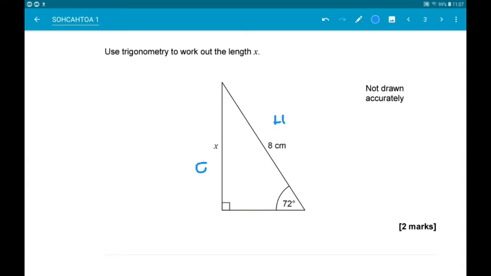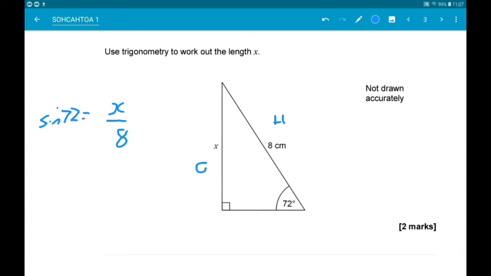So, sine 72 is equal to the opposite, which is x, over the hypotenuse, which is 8. So, x over 8. Now to move that 8, multiply both sides through by 8.